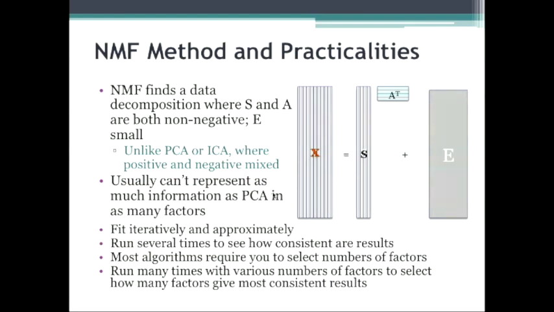Can I draw on the board here? Can you see this or not? All right, so supposing we do this with 4, 5, and 6 factors, what we often find is that the stability, meaning how correlated are the scores that you get from one run to the next, is maybe relatively low here, maybe higher here, and low again here.